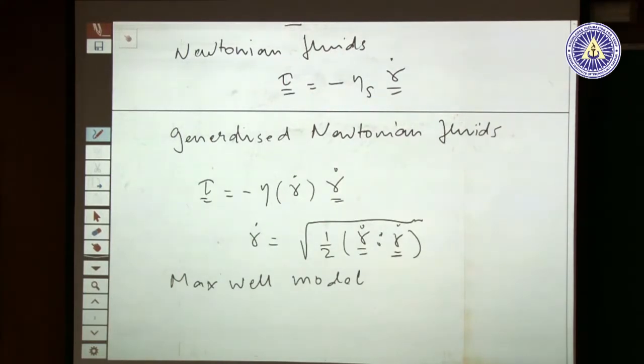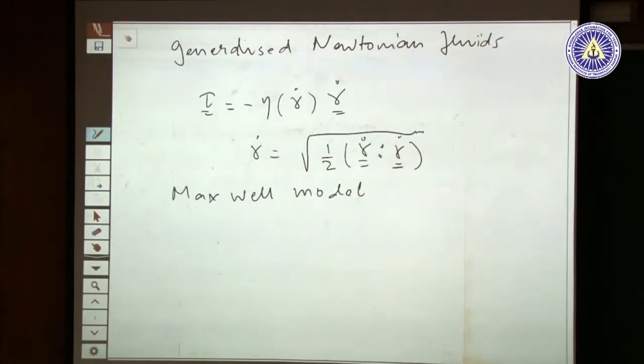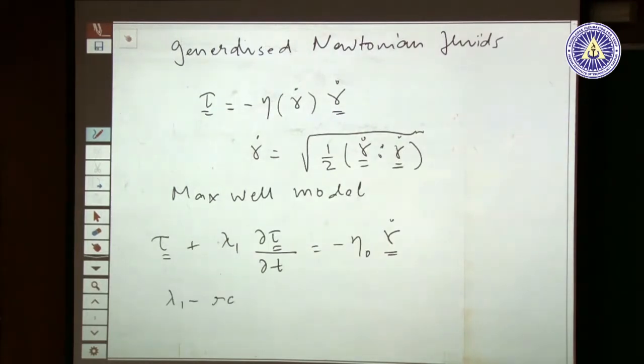Right? Okay, so the Maxwell model is written in this form. Okay, where lambda 1 is a relaxation time, has units of time obviously, and eta naught is a polymer contribution to the viscosity.